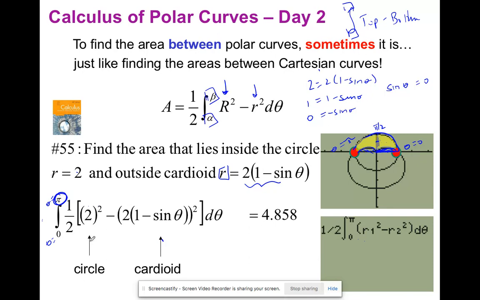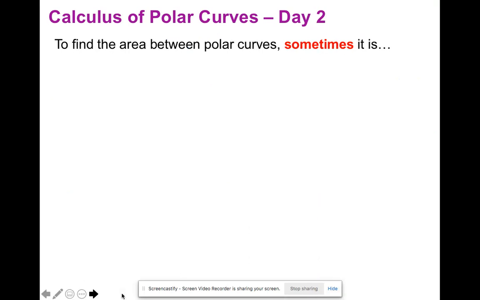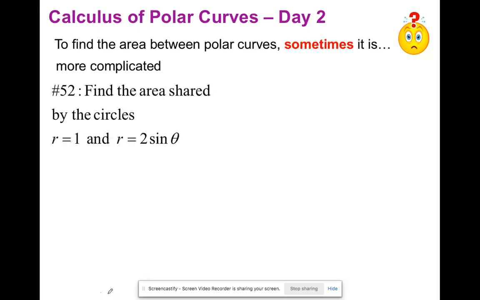This one's not as nice. So sometimes it's a dagger, and it's often not obvious when it's a dagger. You've got to draw it. And you don't have to draw the shapes yourself. You have to either use your calculator or the graph will be given to you. So look at this one. Find the area shared by 2 circles.